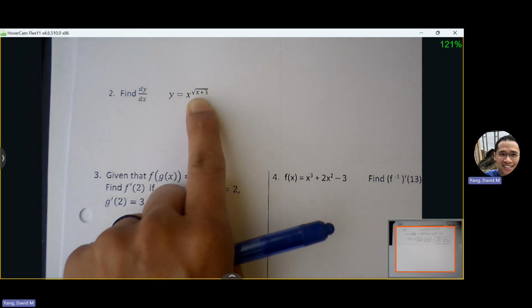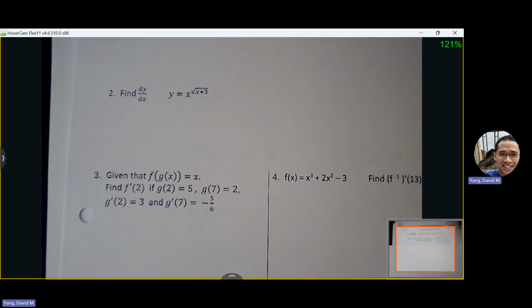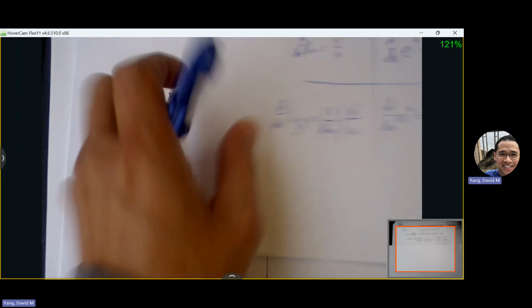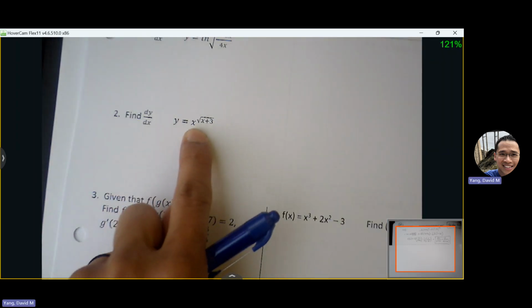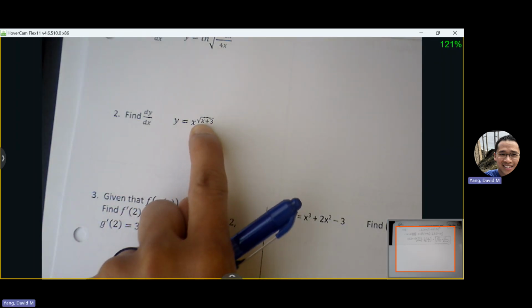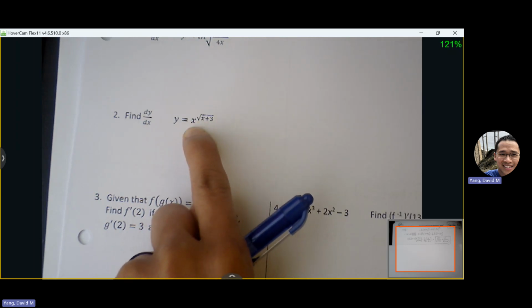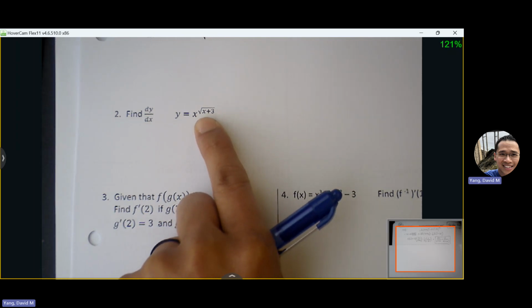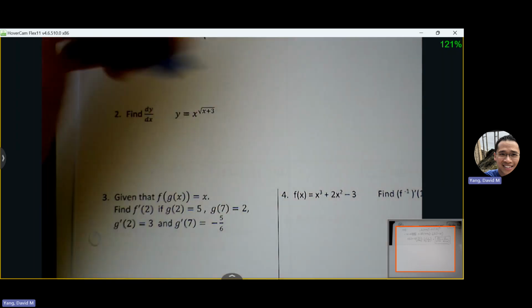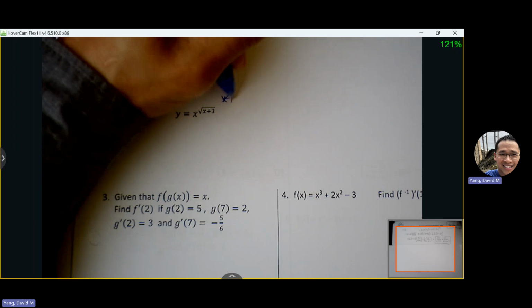I want us to make sure that we don't get this function form confused with a to the u. If it was a number raised to the square root of x plus 3, then we can use the a to the u rule. But this is a variable raised to the variable. And I want us to understand that we don't have a rule that can handle this form. So this is something that requires log differentiation.